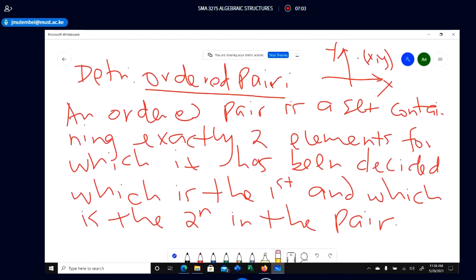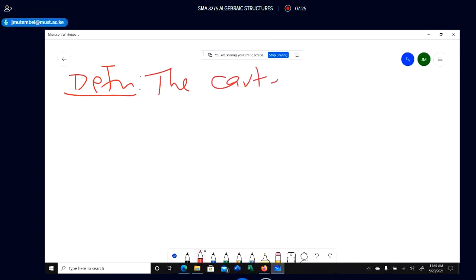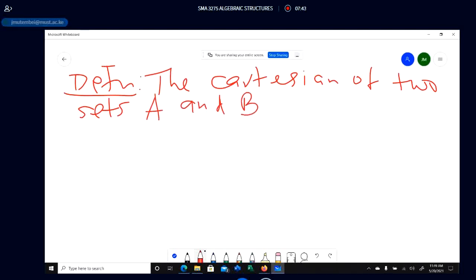Next, we define the Cartesian product of two sets. Another definition: we can say that the Cartesian product of two sets, say A and B, is the set of all ordered pairs.